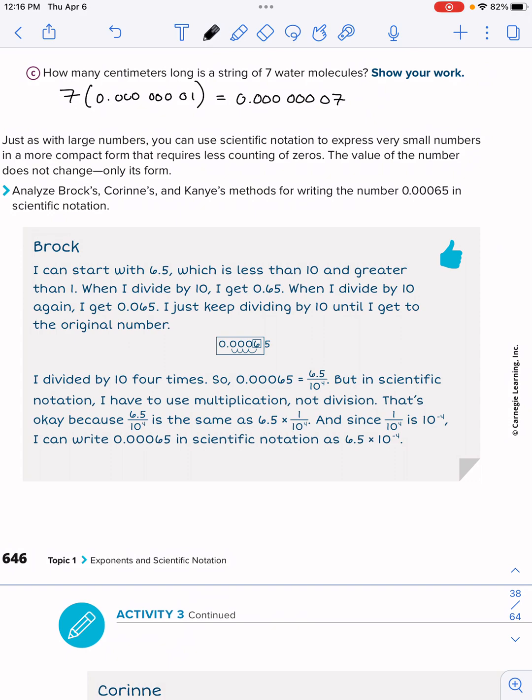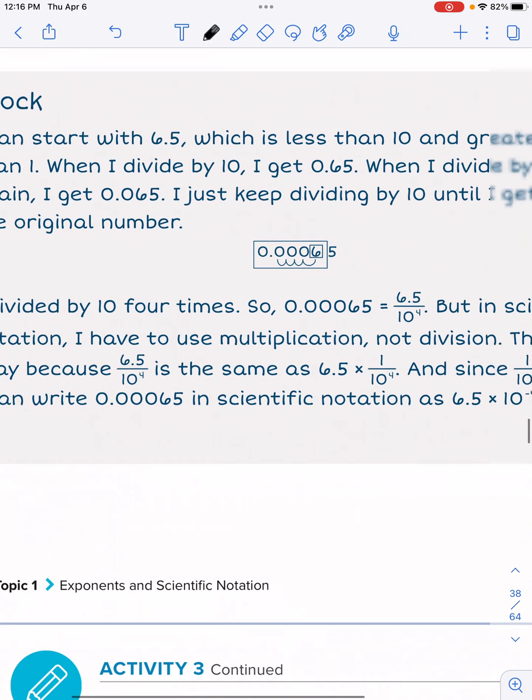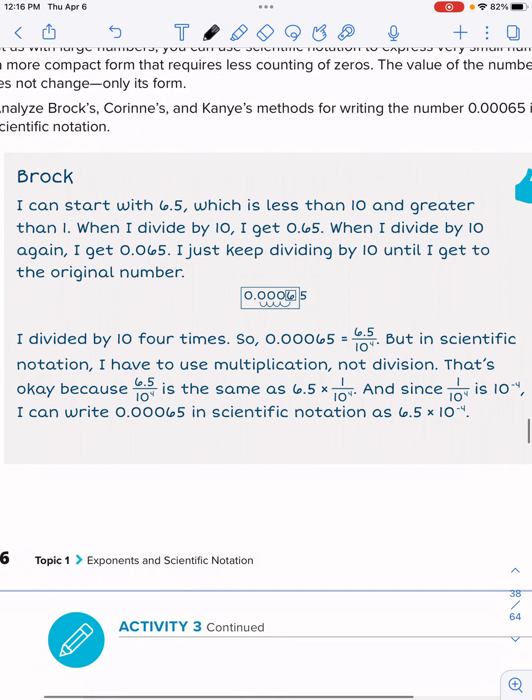That's okay, because 6.5 divided by 10 to the 4th is the same as 6.5 times 1 over 10 to the 4th. Since it's 1 over 10 to the fourth, you can write this as a negative exponent. Typically, we don't want to write a negative exponent, but it's fine in scientific notation. We prefer not to have that fraction. This would be equal to 6.5 times 10 to the negative fourth. Okay, moving on to the next page.